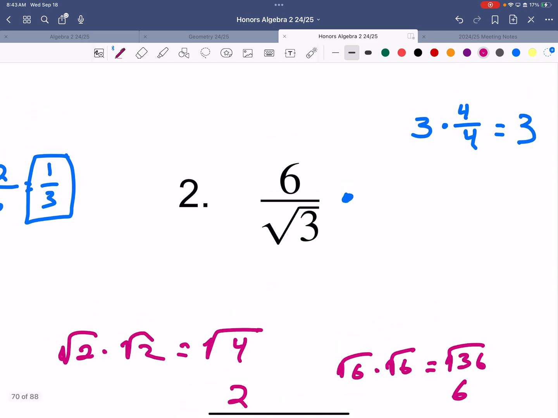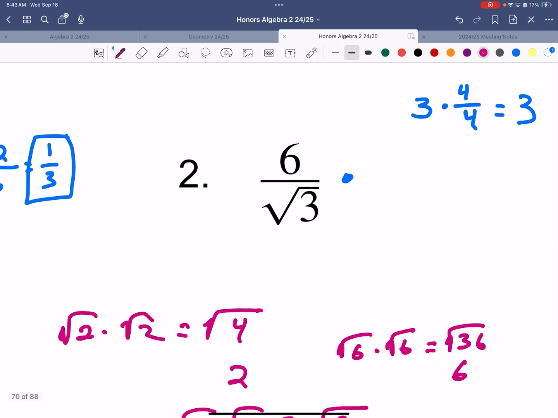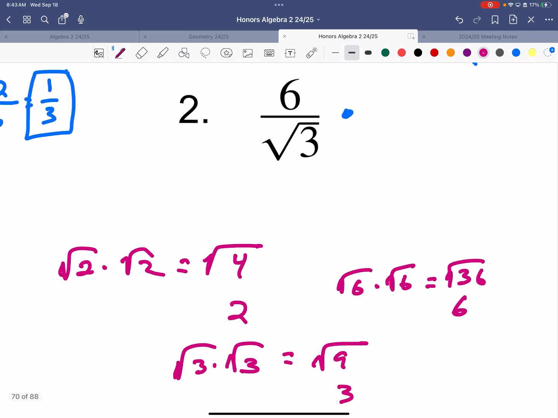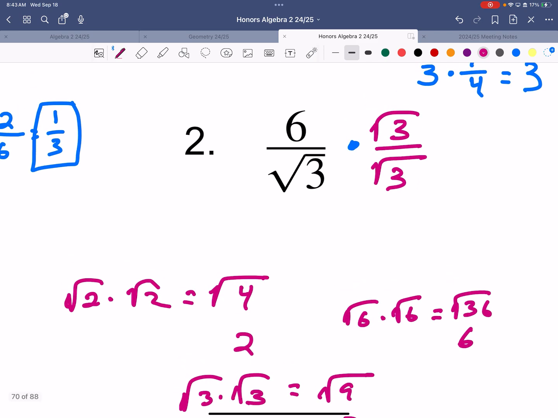Okay, so now let's look back at this problem. Look at the examples I did. What could I multiply it by to get rid of that radical 3 in the denominator? Not just 3, radical 3. If I multiply both the numerator and the denominator by radical 3, that's equivalent to 1, right?